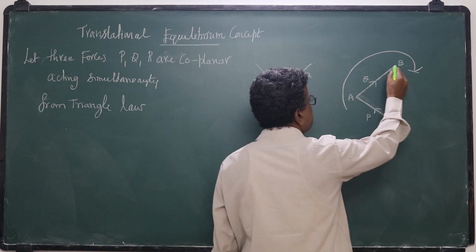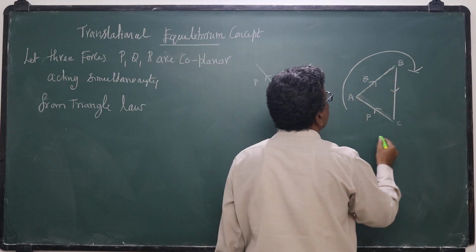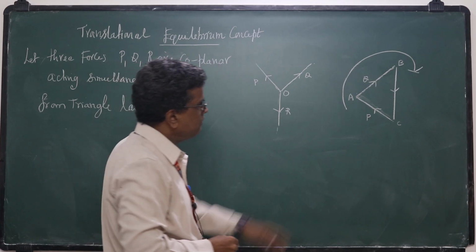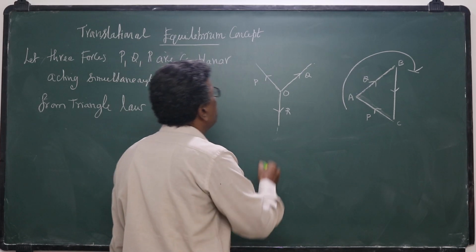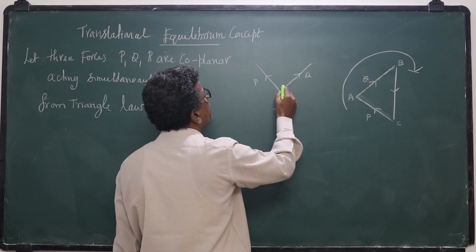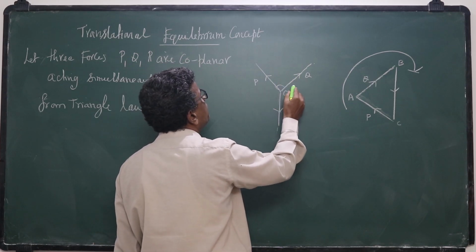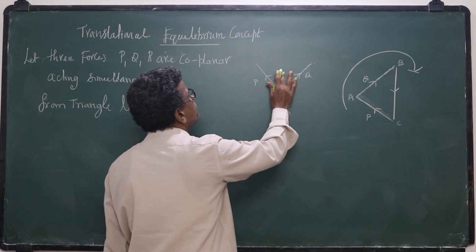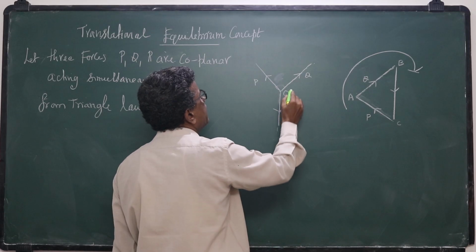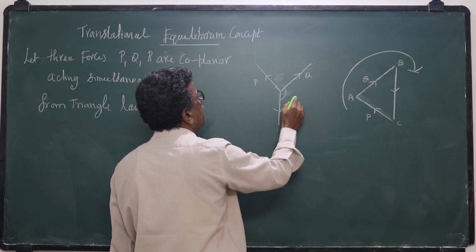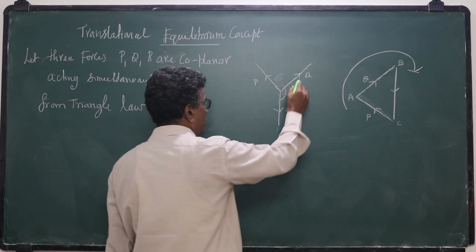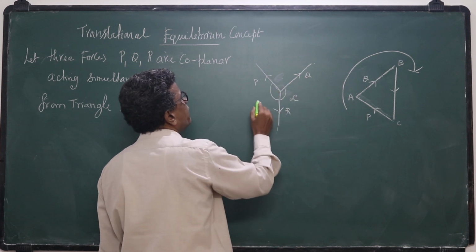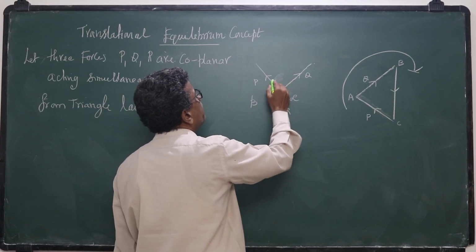So on this triangle, if we are able to represent these forces as sides of a triangle, then the resultant will be 0. What is the angle between P and Q?